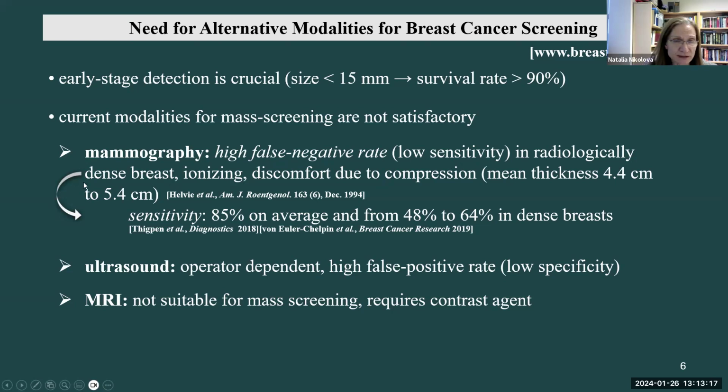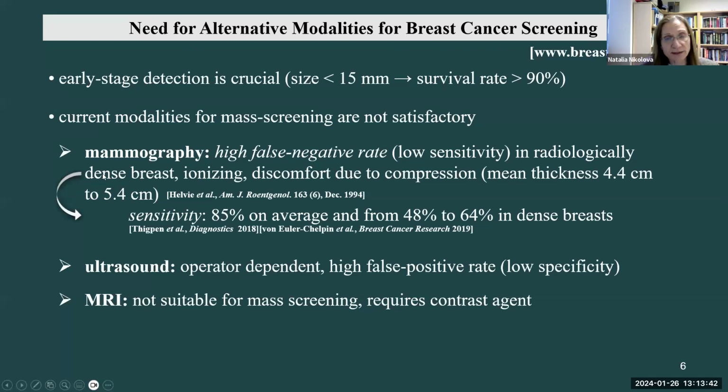Dense breasts are the real concern, because then the sensitivity, that is the ability of identifying a tumor, drops dramatically from the average of 85% to 50%. 50% means that 50% of the tumors are essentially missed. And this is really not sitting well with radiologists.